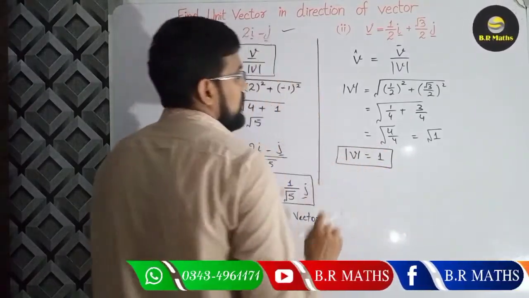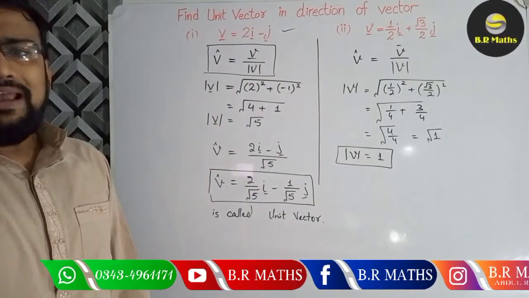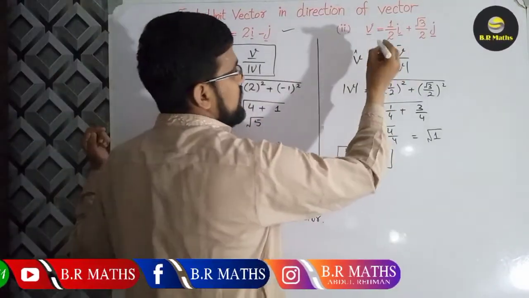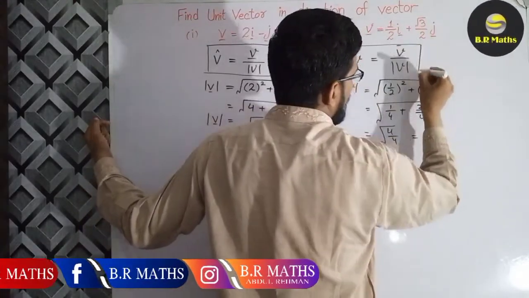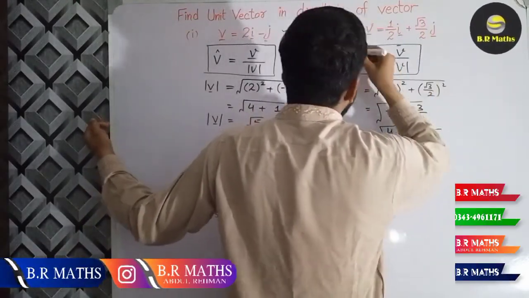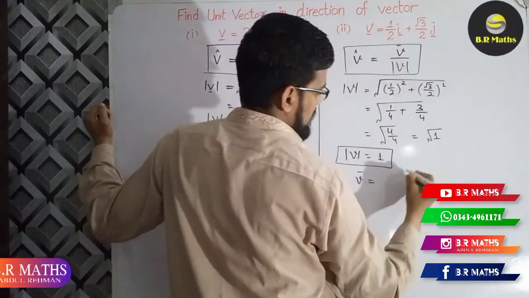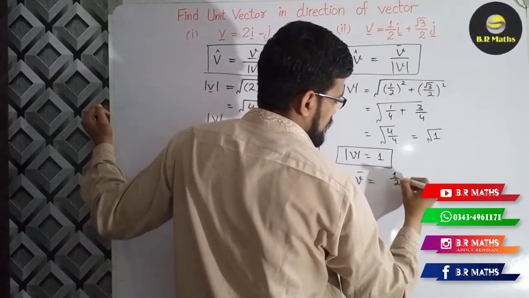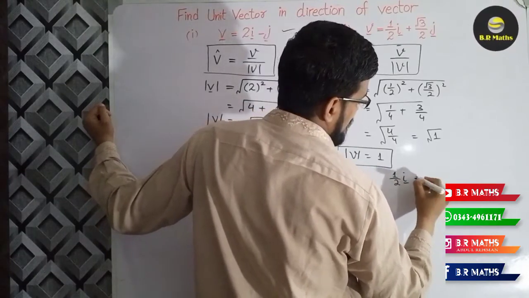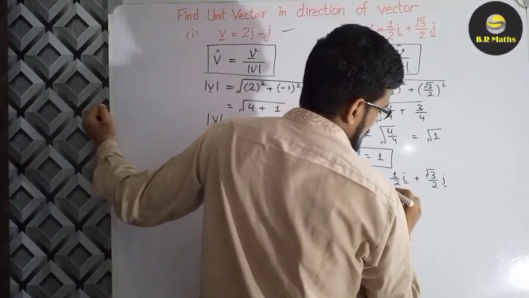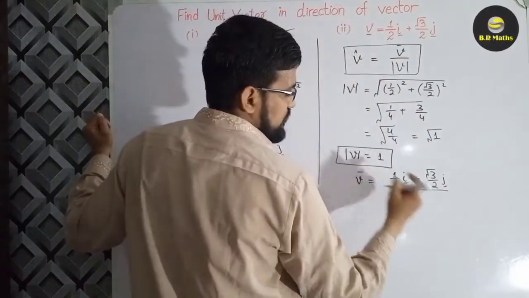This one. Okay, the magnitude of this vector is this, and then apply the formula, this unit vector. Hence the vector is 1 over 2 i plus square root 3 over 2 j, divided by the magnitude, and the magnitude is 1.